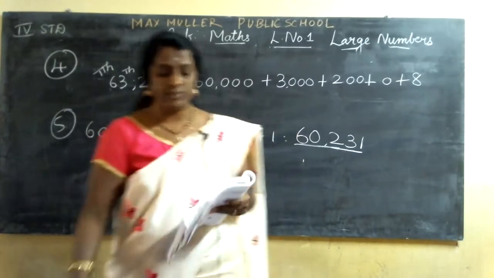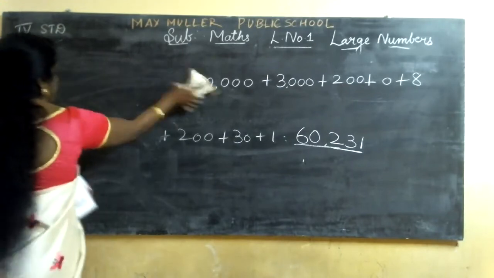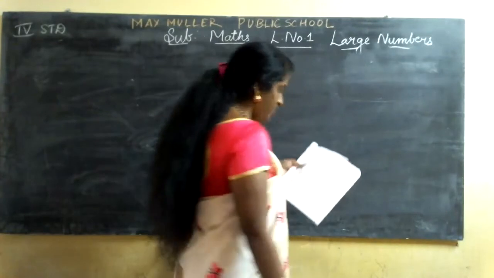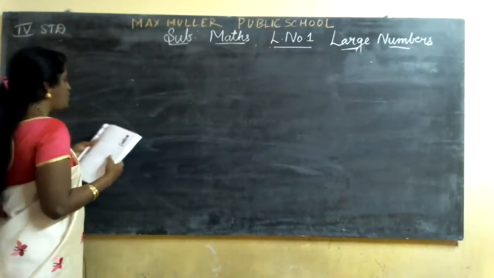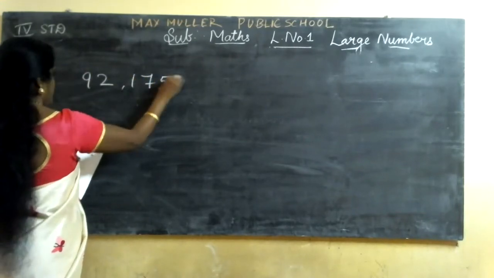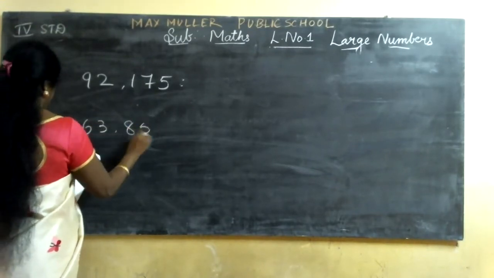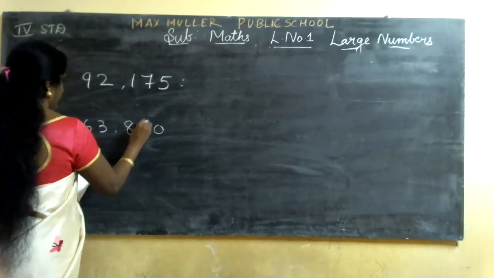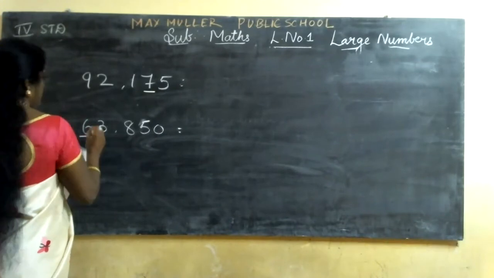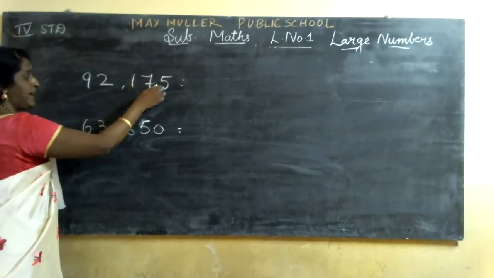Next is write the place value of the underlined words. Page number 95. I will teach 2 here. 92,175, 70.